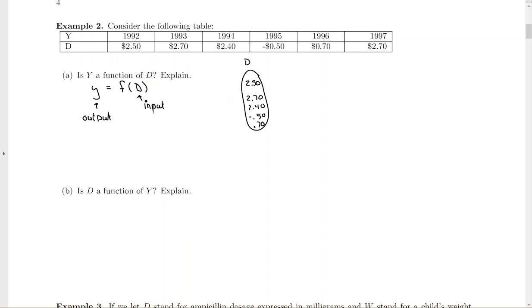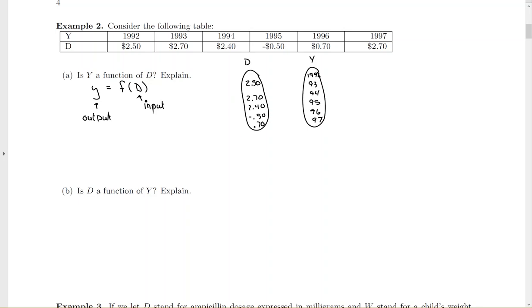Now I'm not going to write 270 again in the pot because I already have it here. But in this grouping, go my output. My output were the y's. So I have 1982 through 1987, I'm just going to write in 93, 94, 95, 96, 97.